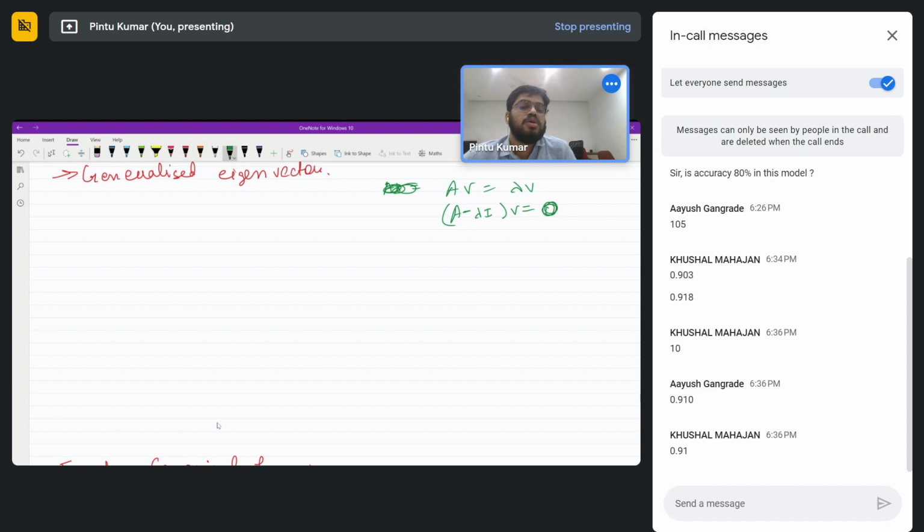equal to 0. Now, if you have an insufficient number of linearly independent eigenvectors corresponding to lambda, so that this property is not satisfied, what you can do is you can look for the next power of this.